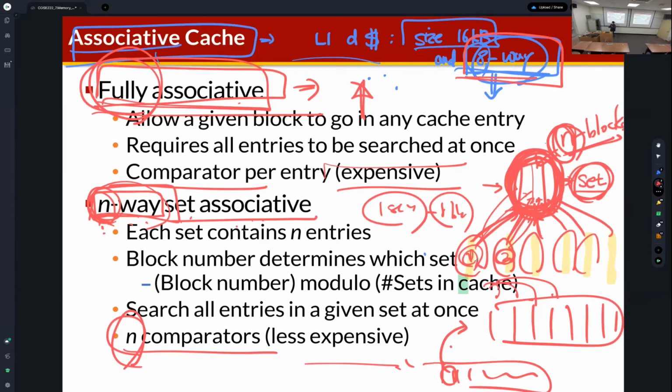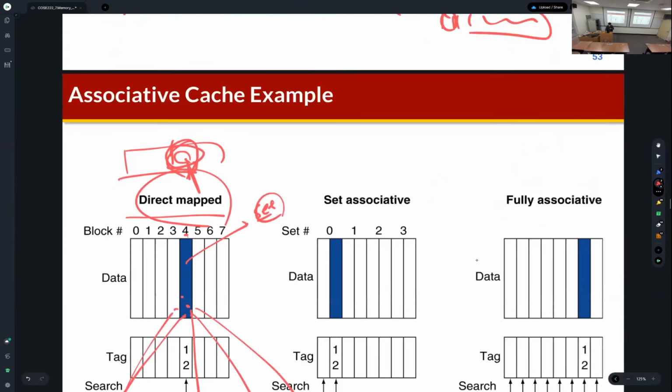So in order to reduce the miss rate, we can use the n-way set associative cache. The fully associative cache can achieve the highest performance, which means the miss rate of the fully associative cache is lowest, but it's expensive. So usually we use the n-way set associative cache. I will explain the reason later. Okay, this is the example.